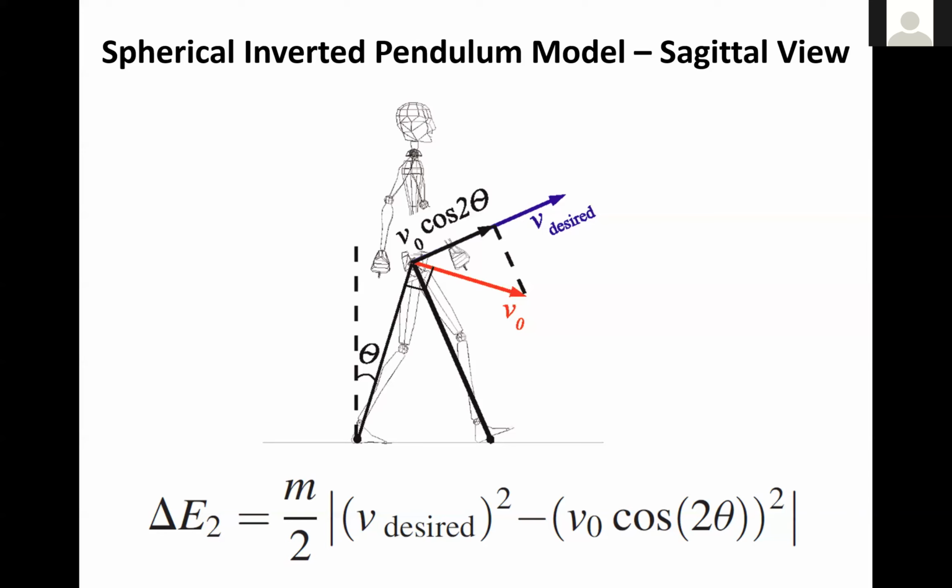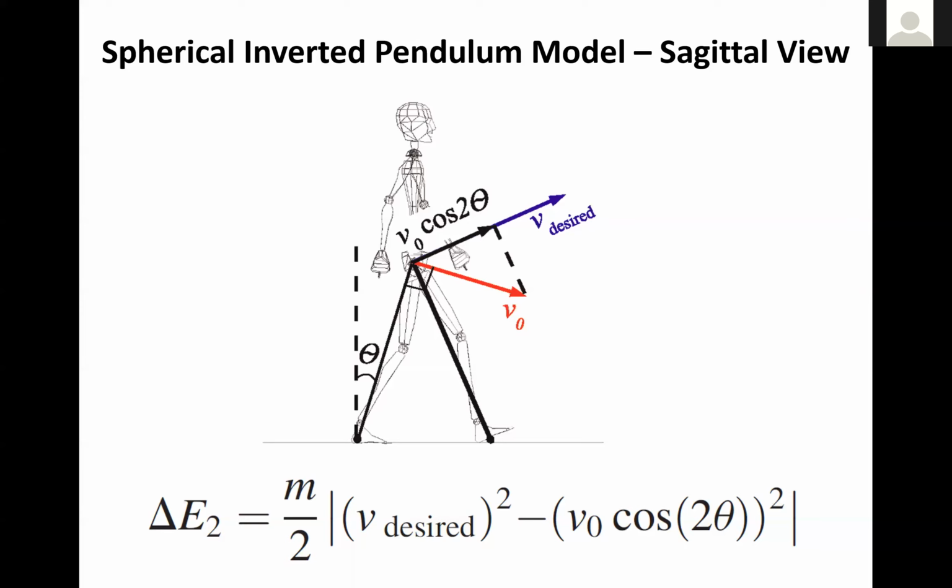So whenever a humanoid plants his or her foot on the ground plane, a certain amount of energy is automatically dissipated. And that is denoted by V sub 0 cos 2 theta. I won't go into the geometry of this right now, but this much energy, half m and this velocity term, is automatically dissipated into the ground plane.